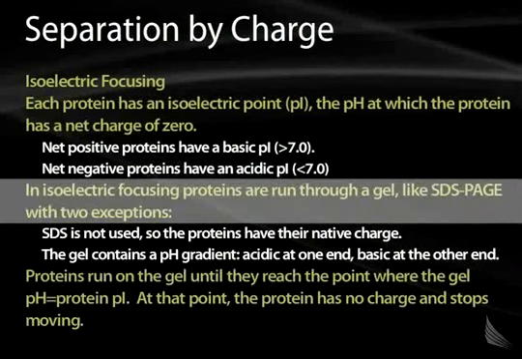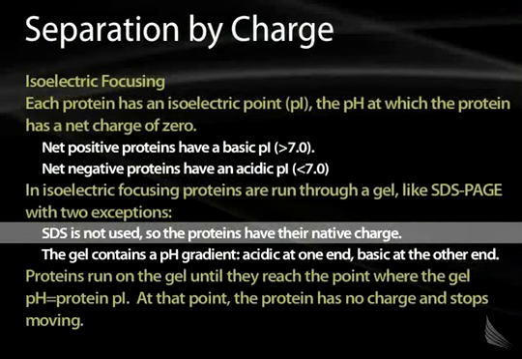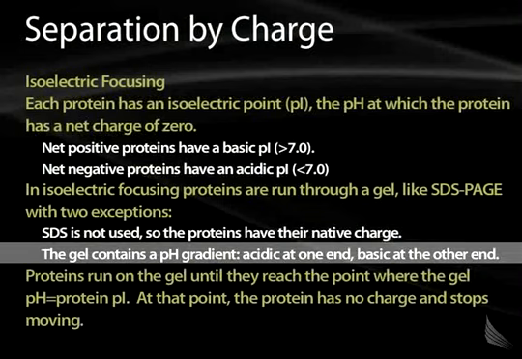In an isoelectric focusing gel, you run proteins through a gel that's very similar to an SDS-PAGE gel, except there are two differences. One, we don't use SDS, so the proteins have their native charge. They haven't acquired all the negative charges that we get when we mix them with SDS. The other difference is that the gel we run them on has a pH gradient. It's acidic at one end, and it's basic at the other end.